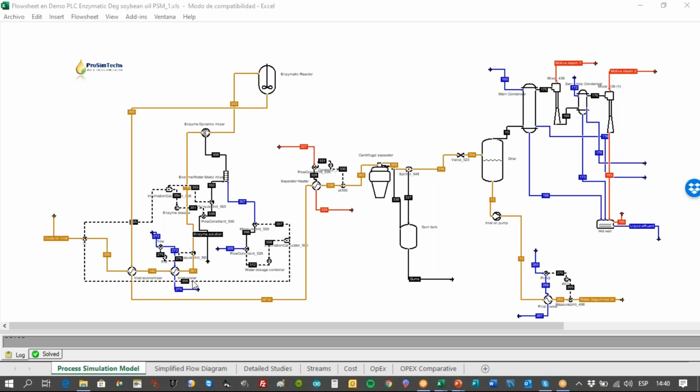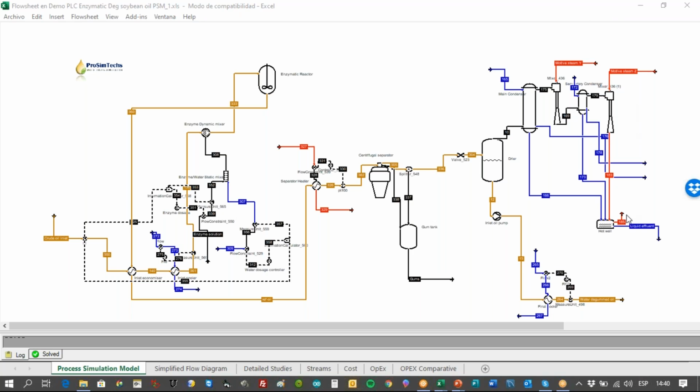And as I was explaining before, in terms of the simulation, it is important to characterize the oil as realistically as possible, mostly in terms of the compounds, and in this case, in terms of the phospholipids that we have in the crude soybean oil.